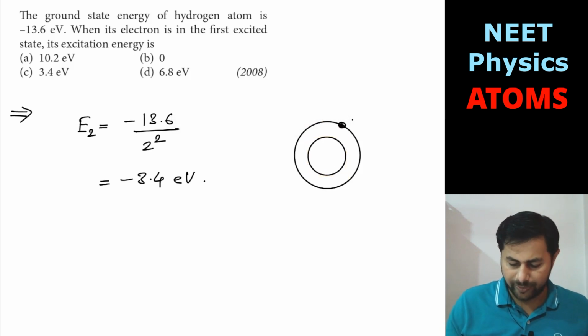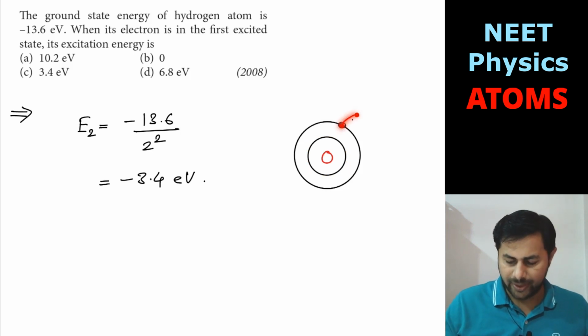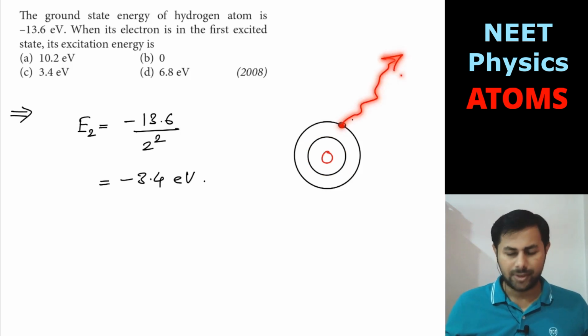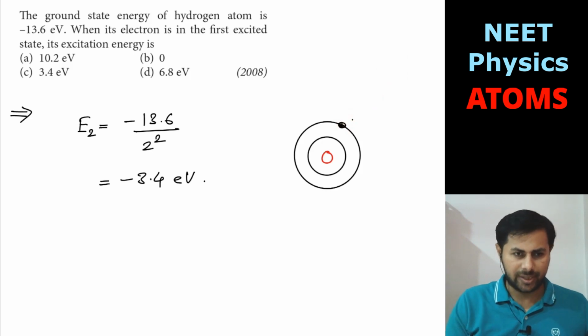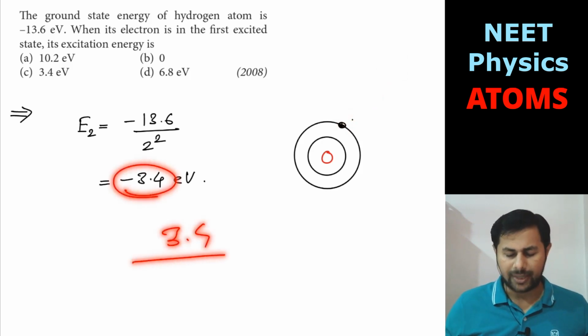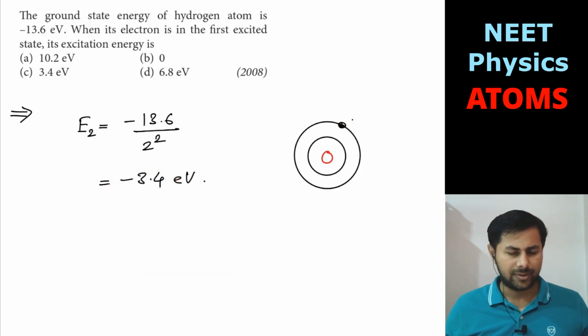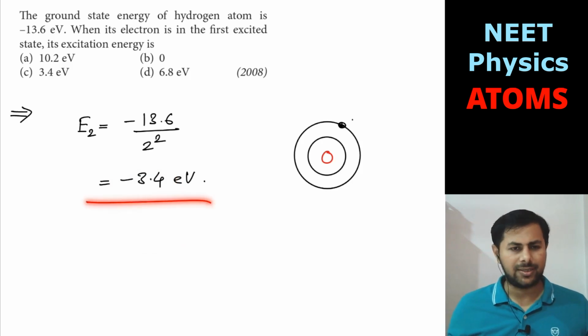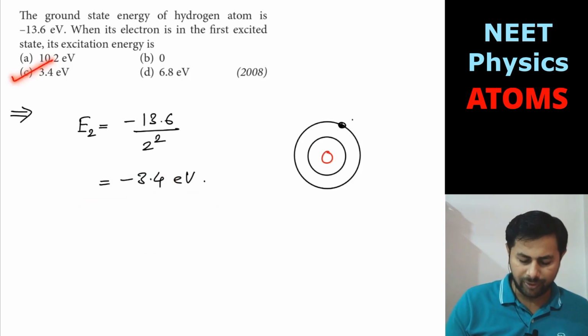Now suppose you want to make it free. How much energy is needed? The energy needed would be plus 3.4, and that is called the excitation energy. So the excitation energy is plus 3.4 electron volts.